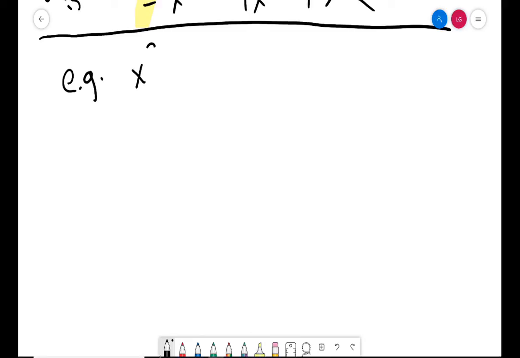So x squared minus 5x minus 6. Let's factor that. Factoring means we're trying to come up with an equivalent expression, which is the multiplication of two expressions that involve parentheses, usually.